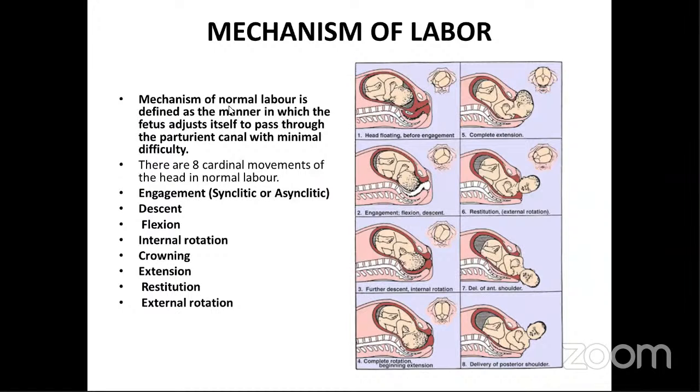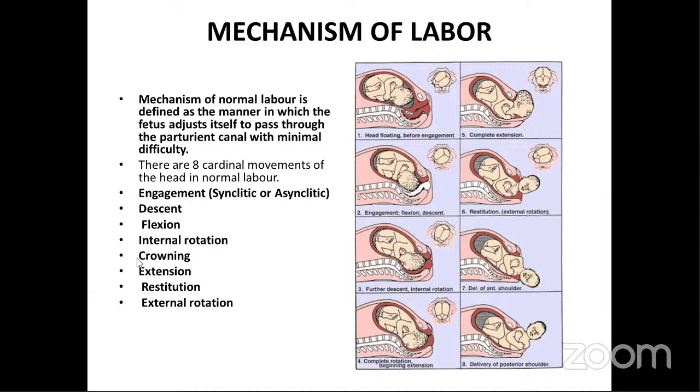So it's the maneuverability or the cardinal movements which occur in the body of the fetus while negotiating the pelvic cavity and the delivering process that is called the mechanism of labor. So there are 8 important cardinal movements composing the mechanism of labor during normal labor, what we're discussing now.